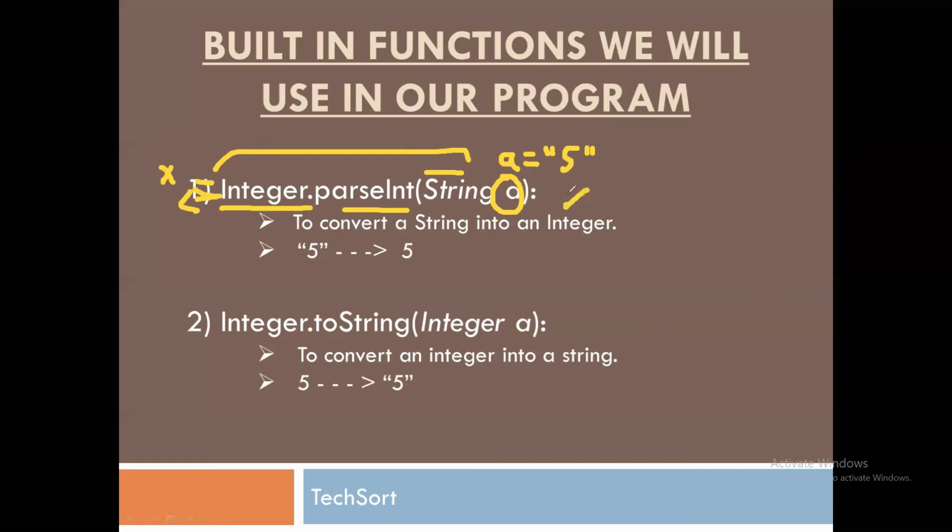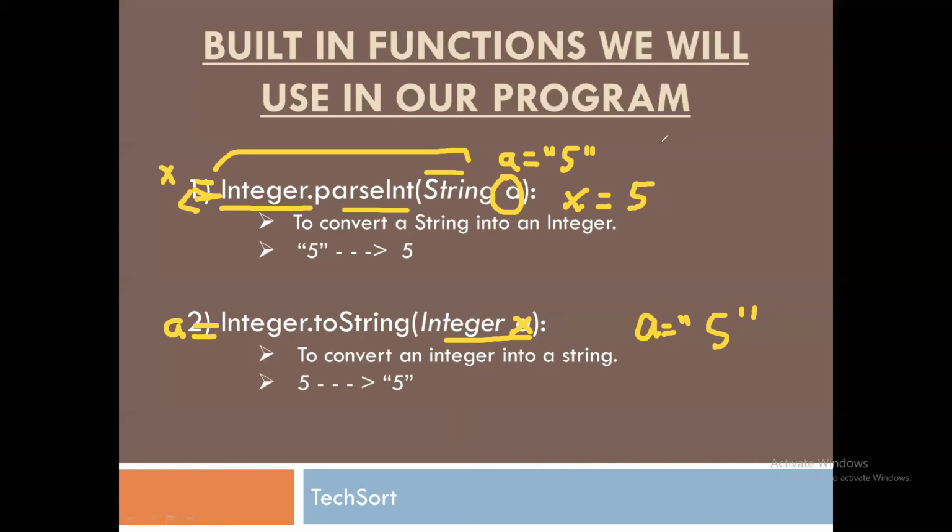After that, x will be an integer and its value will be 5. Now Integer dot toString converts an integer to a string. So Integer dot toString and integer x. For example, I name the result A. So x was an integer. After that, when I store the result, A will be a string, and now A will be set to this. Now I can place it into the label.